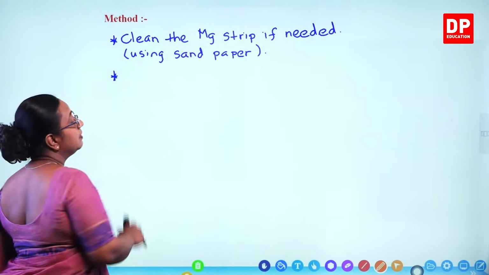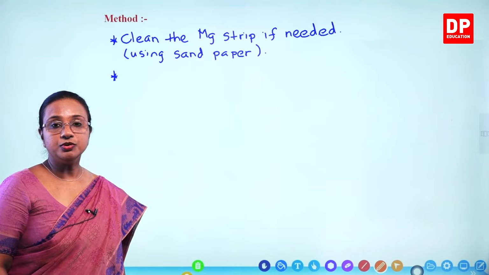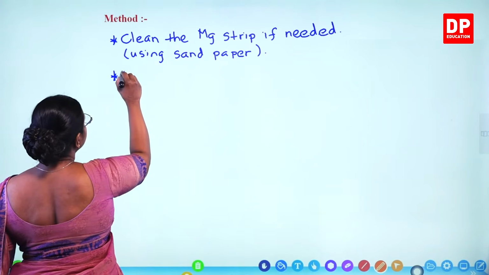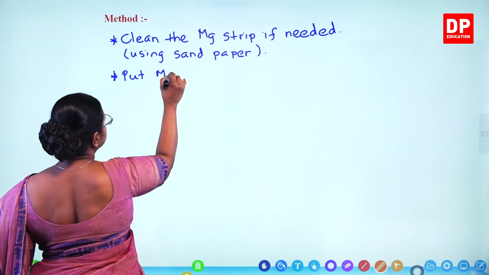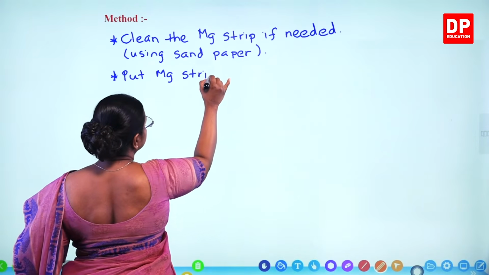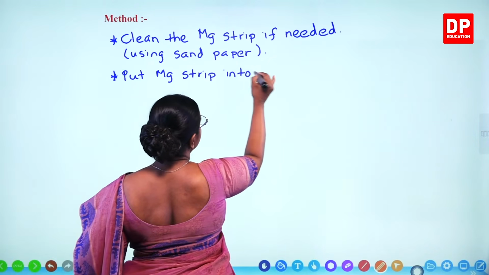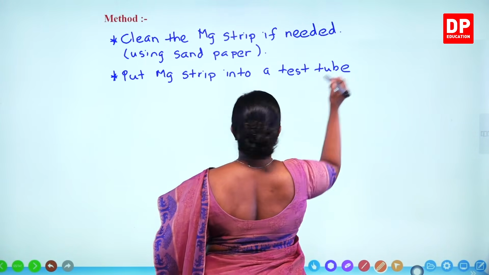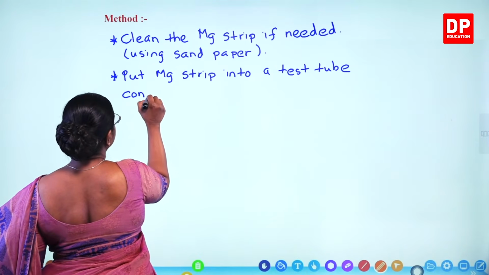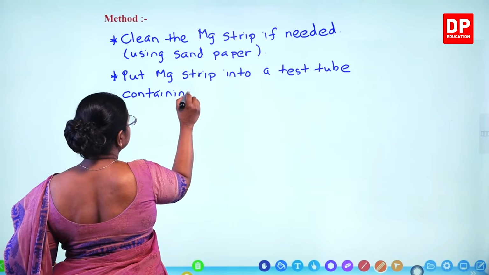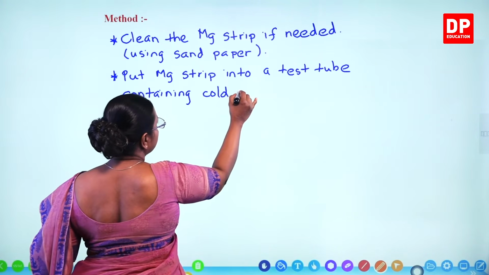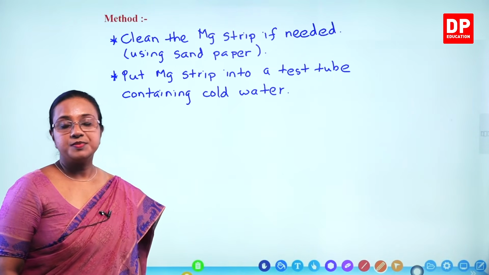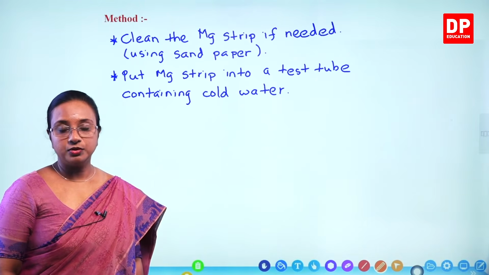Then the first activity is to react magnesium with cold water. So we can put the magnesium strip into a test tube containing cold water. This is to observe the reaction of magnesium and cold water.